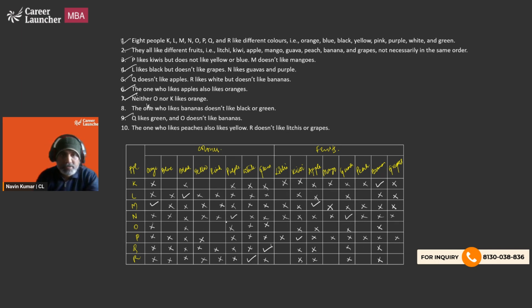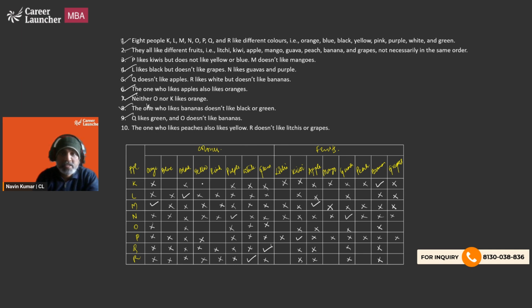Okay. If we look at any of the rows and columns, is there any that is still vacant? No, we cannot fill anything right now. Okay. So there has to be one tick across a row or across a column within the sub column. The one who likes peaches also likes yellow.